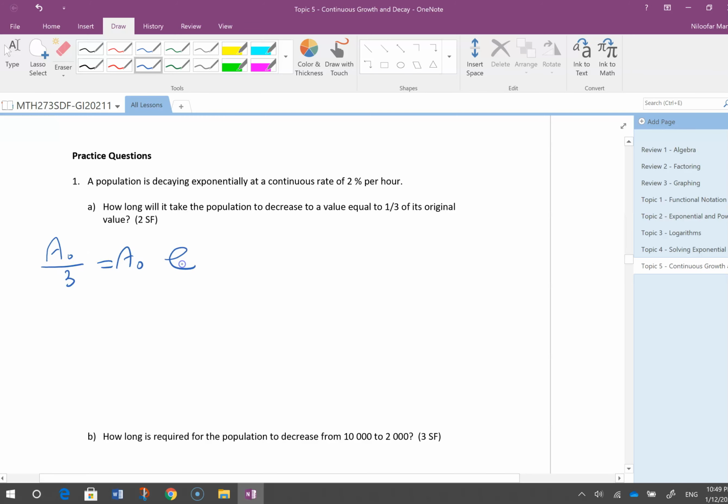Do I use 2 power or e power? E power, because it says this is the rate. E power minus, because it's decaying. So minus 0.02 because it said 2%, I use 2 over 100, times t. Perfect, so I can cancel this and this, and then I have 1 over 3 equals e power that, and then I do ln of both sides.